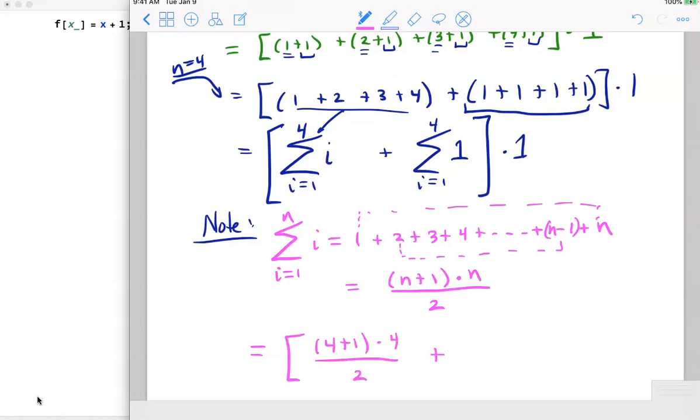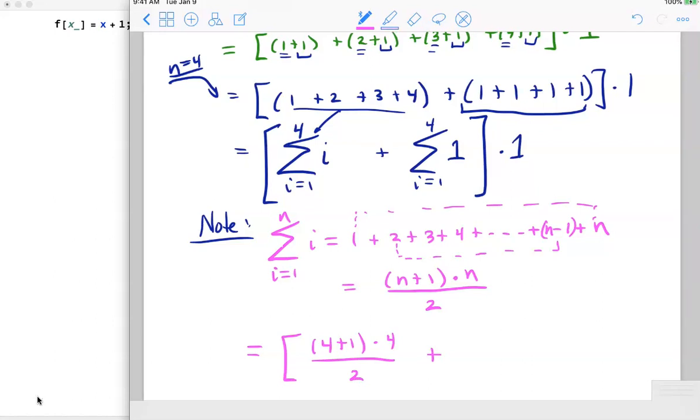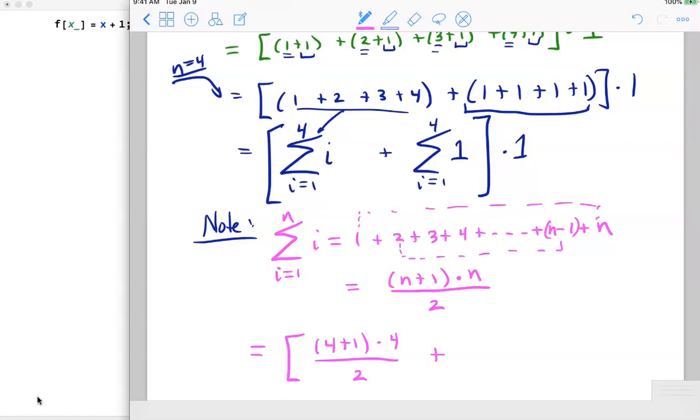Okay? And then there is 1 plus 1 plus 1 plus 1, which is adding up the summation i equals 1 to n of the number 1, which means that you're adding up 1 n times, which means that you'll get n. So we have 1 plus 1 plus 1 plus 1, 4 times, which will give us 4.